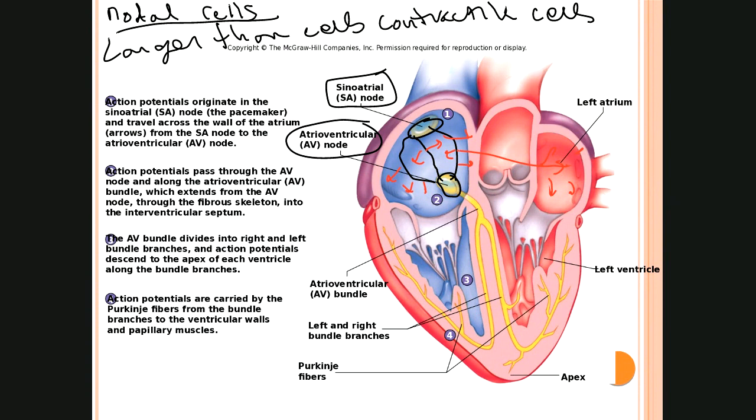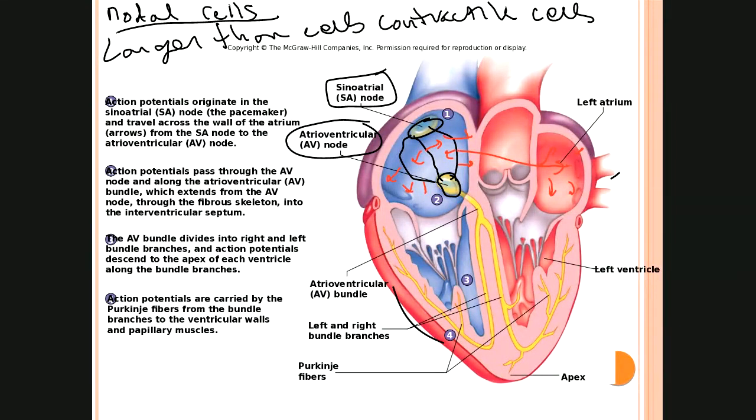Now, think about this. The atria need to contract first. Following atrial contraction, there's a very short rest period while the signal is being transferred to the ventricles for ventricular contraction. So there is a delay between the passage of the action potential from atria to ventricles.